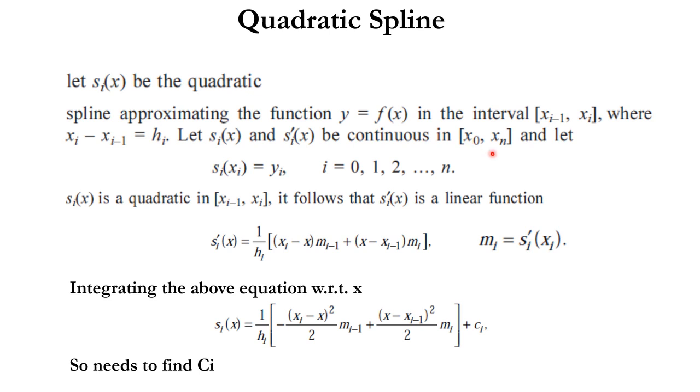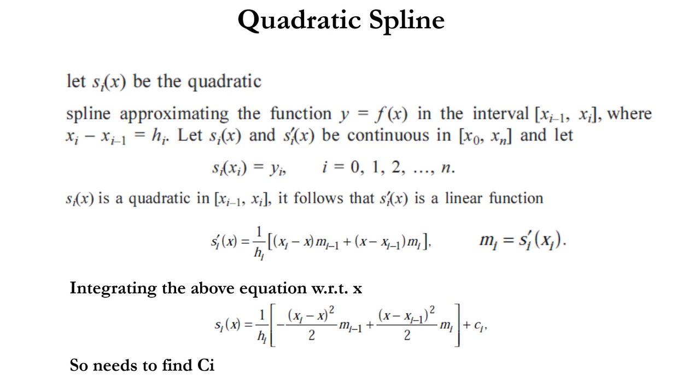But we have to find the form of the Si of x, so we integrate once with respect to x. So we obtain Si of x like this: 1 by hi times [integral (xi minus x) whole square by 2 into mi minus 1 plus integral of (x minus xi minus 1) whole square by 2 into mi] plus ci, the integration constant.